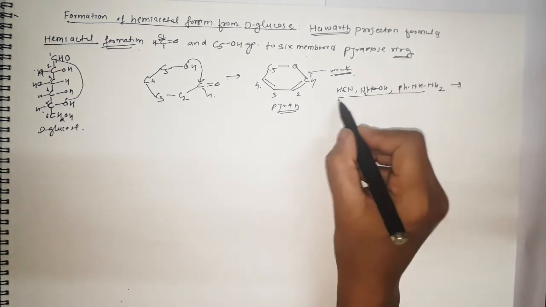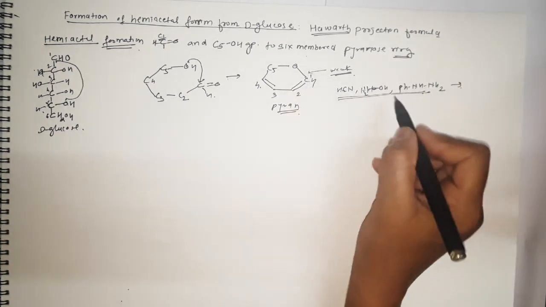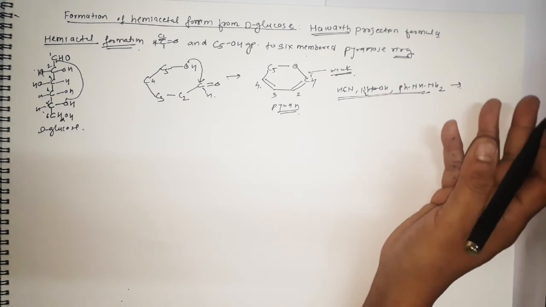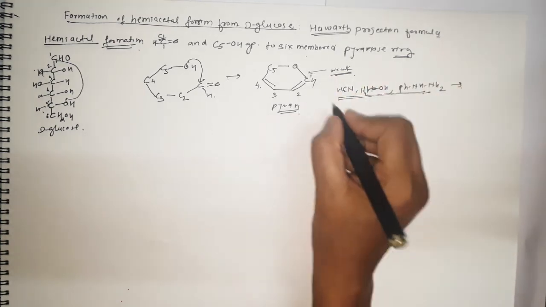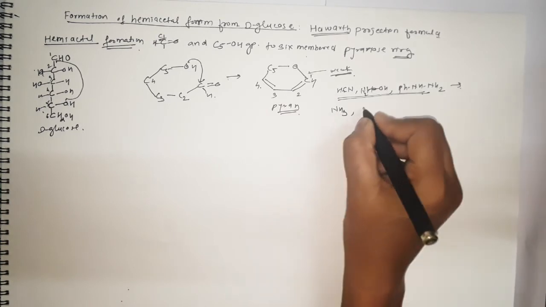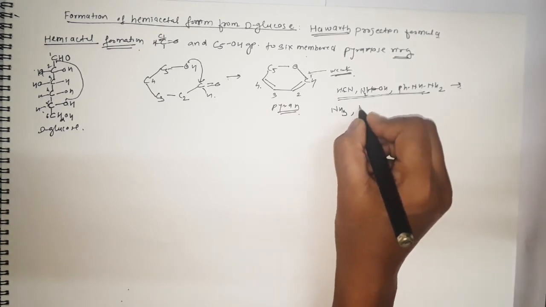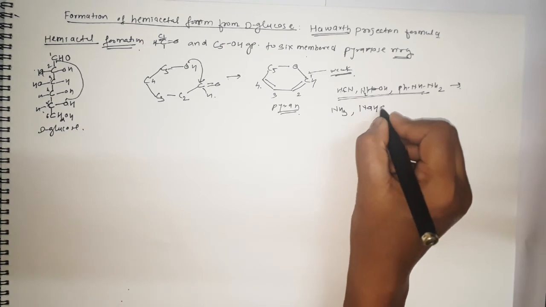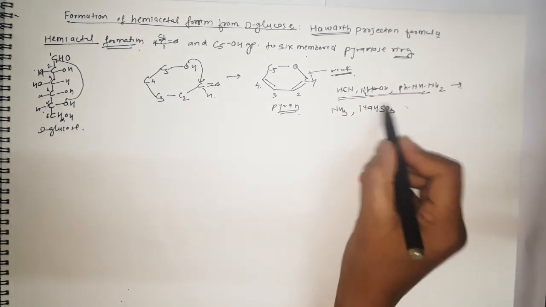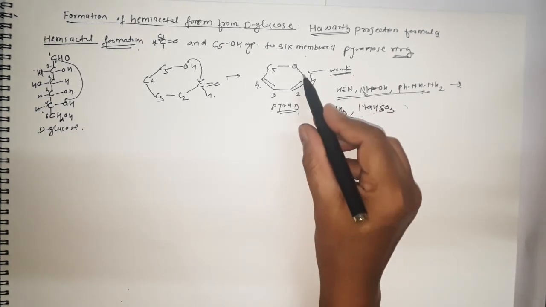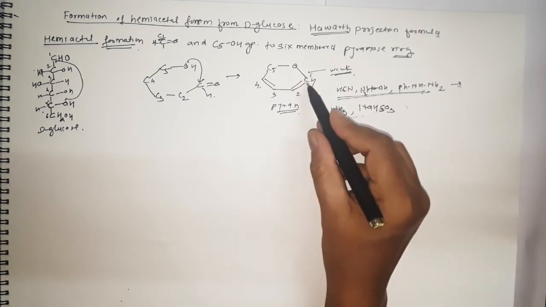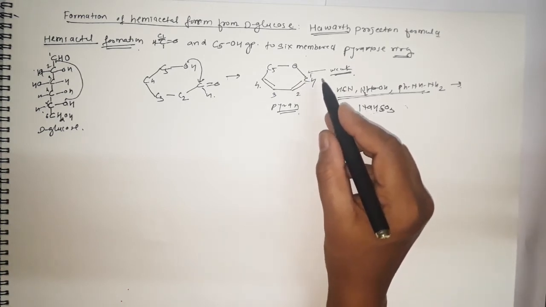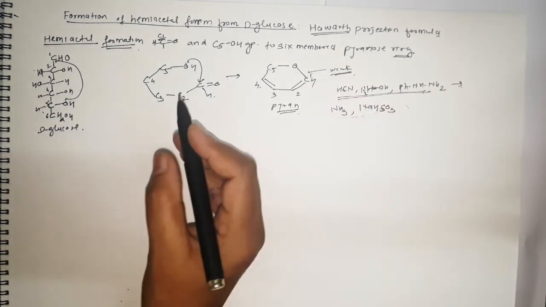So with these reagents, this ring will open and form the corresponding derivatives. But weak reagents, for example NH3 and bisulfite, are unable to open this ring. So these reagents cannot react with this glucose.